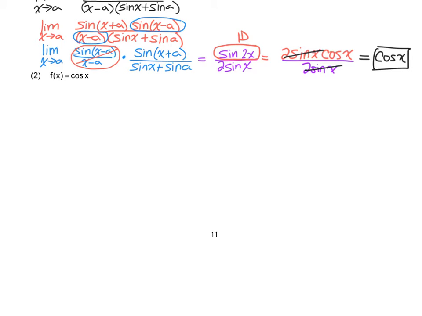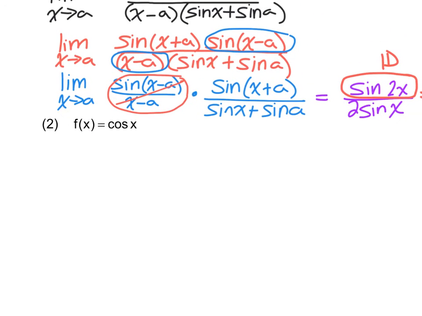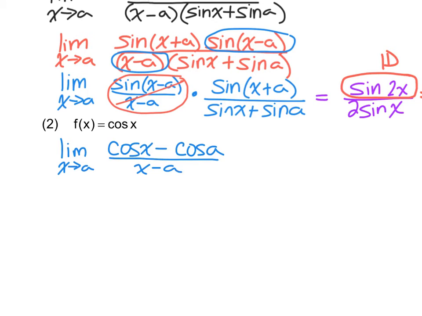So let's do another one. This time we'll deal with cosine of x. All right, so limit as x approaches a of f of x, which would be cosine x, minus f of a, which is cosine a, over x minus a. We'll do the conjugate again.